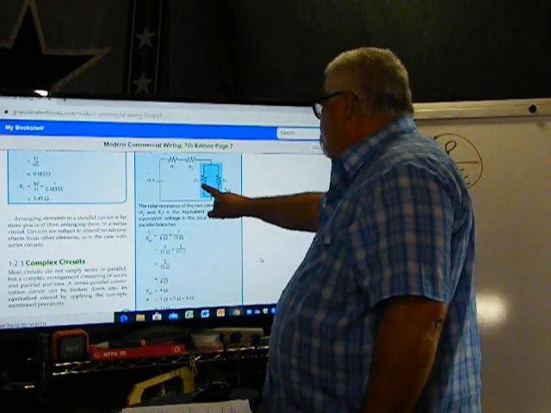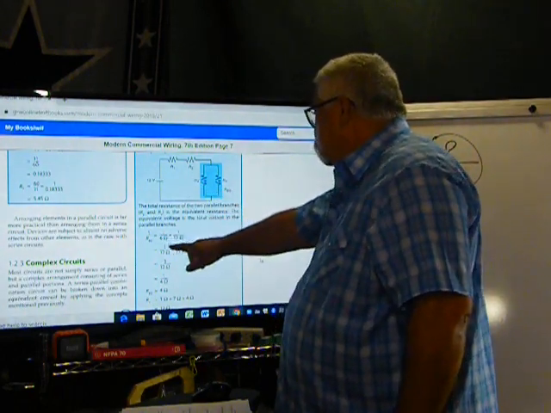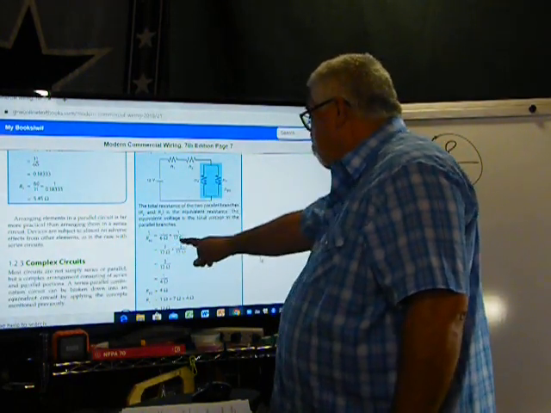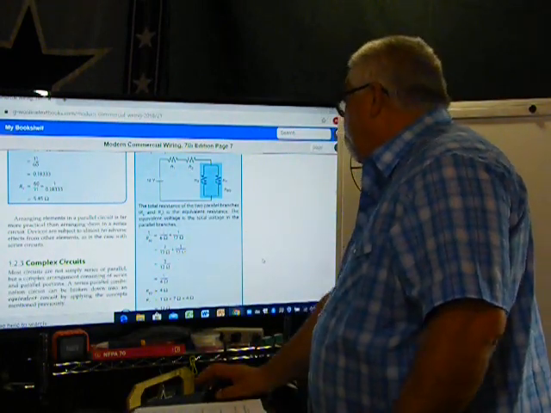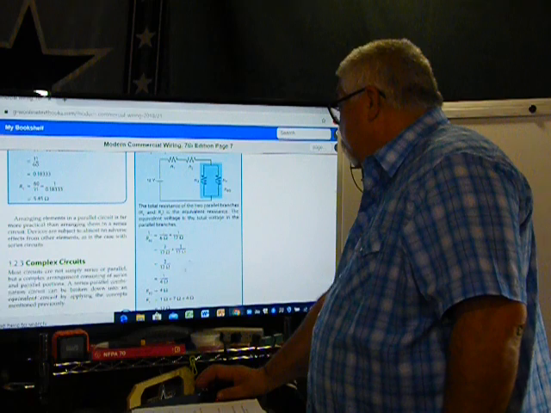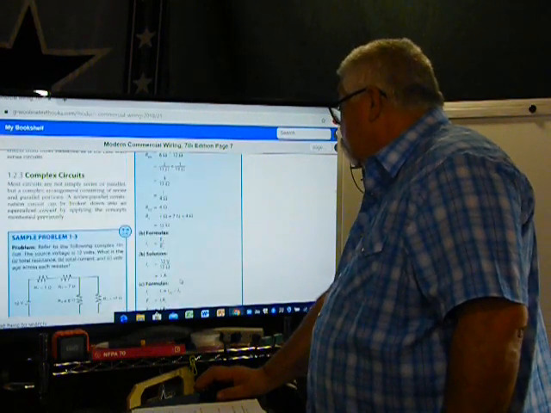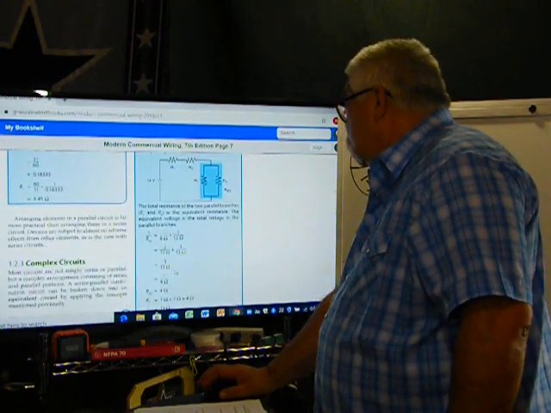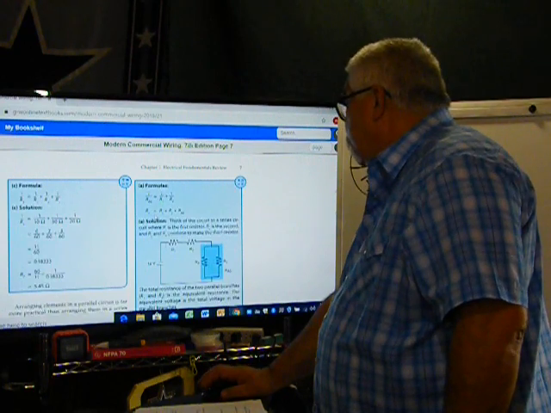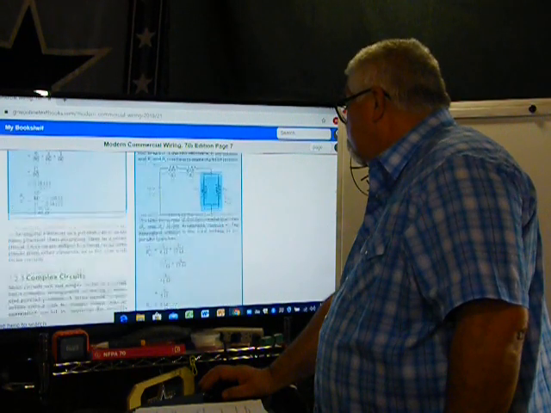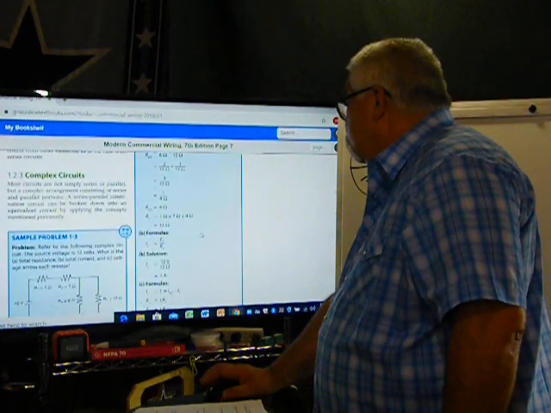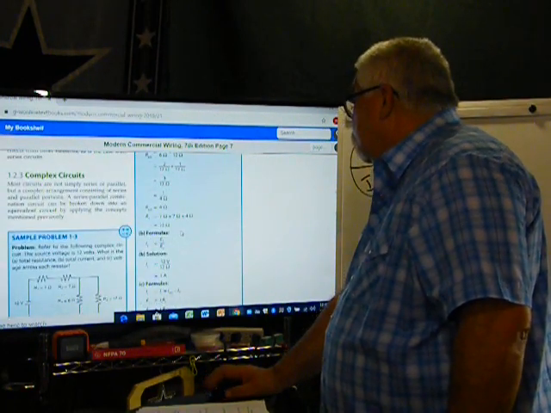Oh, okay, so R3 is 6 ohms, R4 is 12 ohms. You go through the formula. So my total resistance, let me go back. I'm just trying to see what they got.